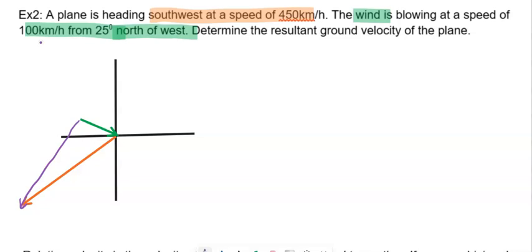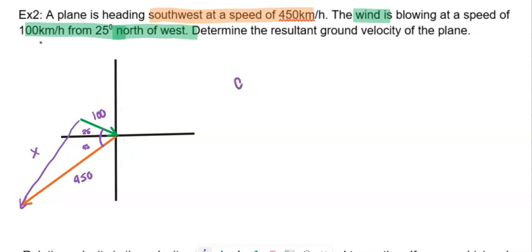Okay, so let's label some stuff here. Here's my wind, here's my plane, and here's what I'm looking for. What I need to figure out is this angle. I know that this is 45 here, and this is 25 there, so I can figure out the total is 70.